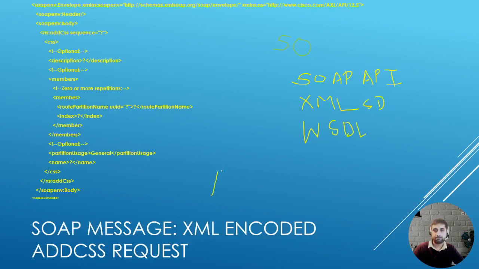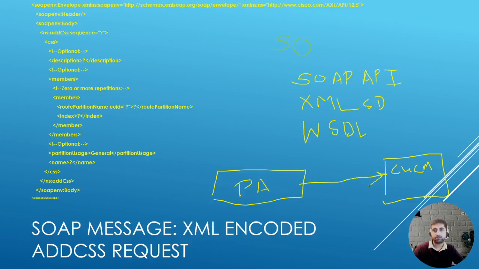So basically, this is a third party. This is your CUCM. This is your provisioning application, and this is your interface. That's a SOAP API, and using the XML, and then what are the possible things that you can do is provided by WSDL.